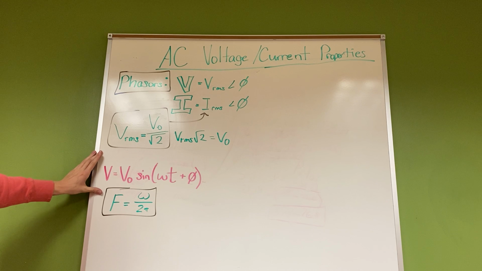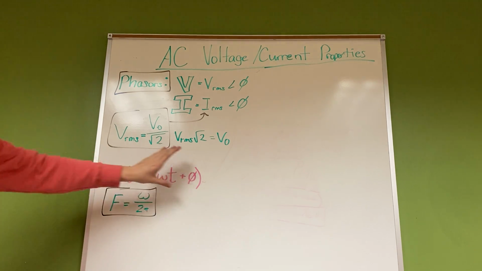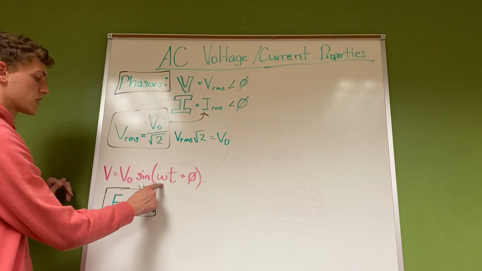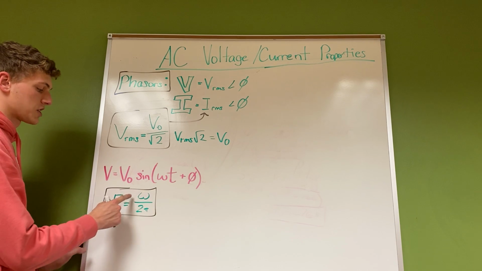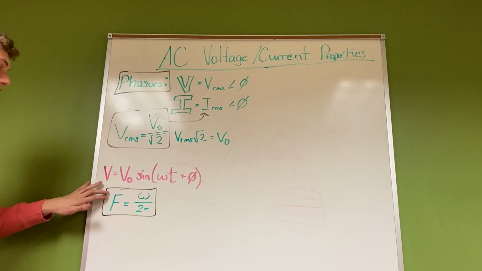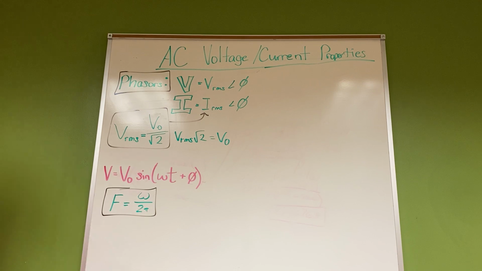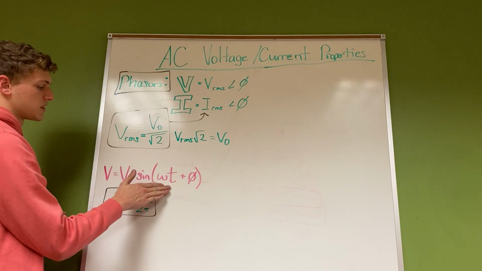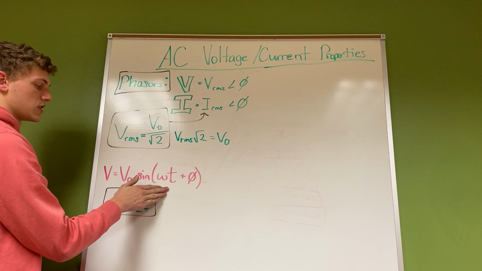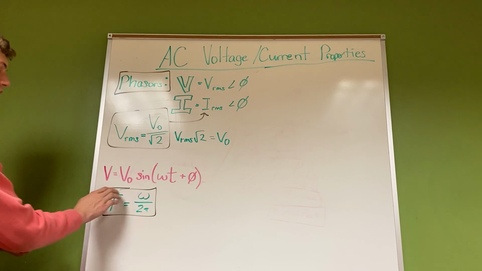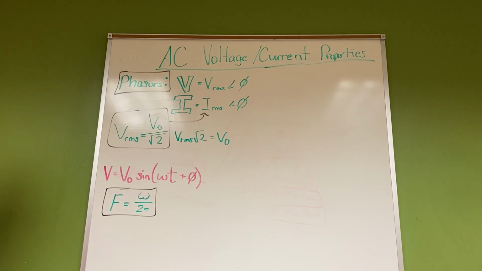And one other thing that I want to note about this equation is if you aren't given omega, you can actually find it. If you're given the frequency, you can find omega. That will be the case in some problems. Otherwise, if it's given to you like this, you can usually just take the same omega or solve it using this equation.